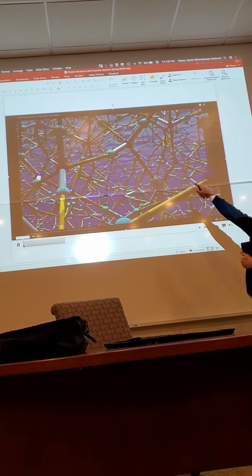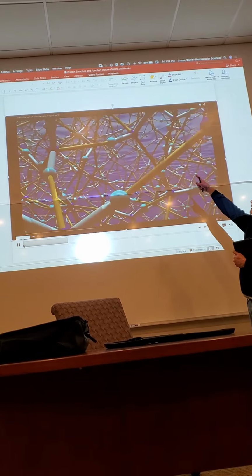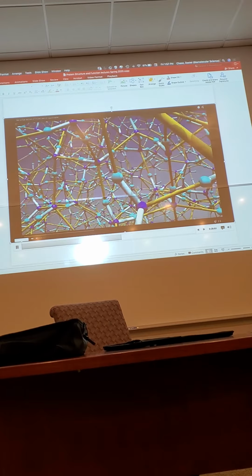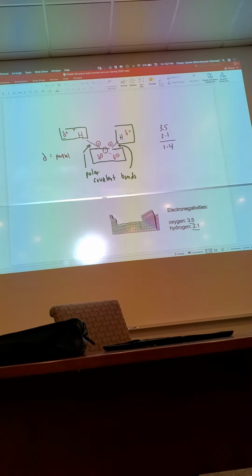And you can see that the dark blue circles, those are oxygens, and the light blue circles are hydrogens, and the gold bonds are hydrogen bonds. Let me go back one slide.